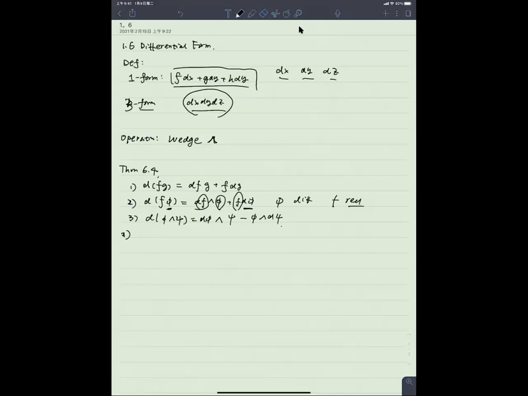So we will skip this because we can directly prove the third one, because a differential form will finally give us a real valued function, but it's a kind of complicated one. So if we can prove the third one, then we have the second one.